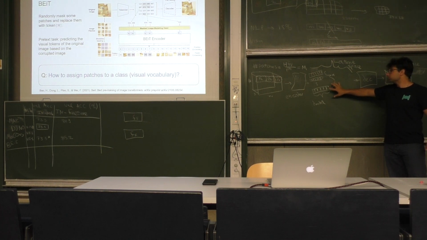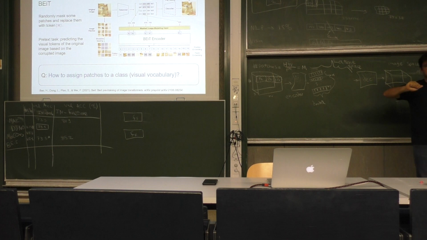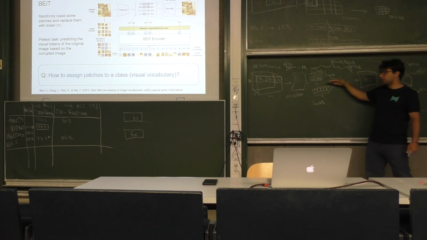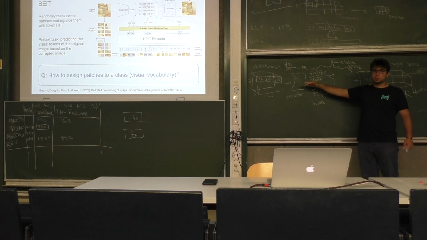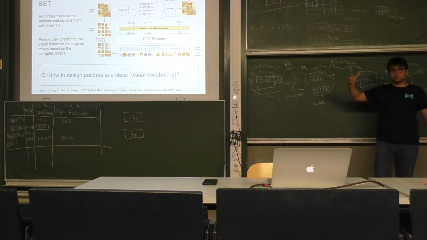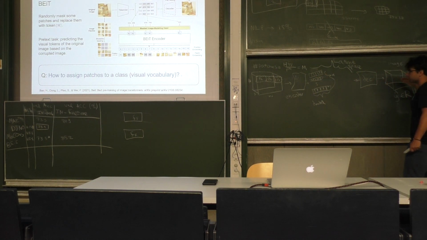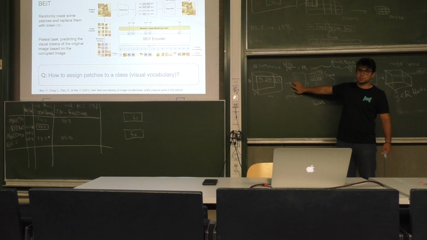If we just find a way to discretize, any ideas? Okay, it's not so obvious. When you optimize the mean square error, you cannot propagate the gradients here, because discretization is a non-differentiable operation. All right. So here we cannot just propagate the gradients and train the encoder.